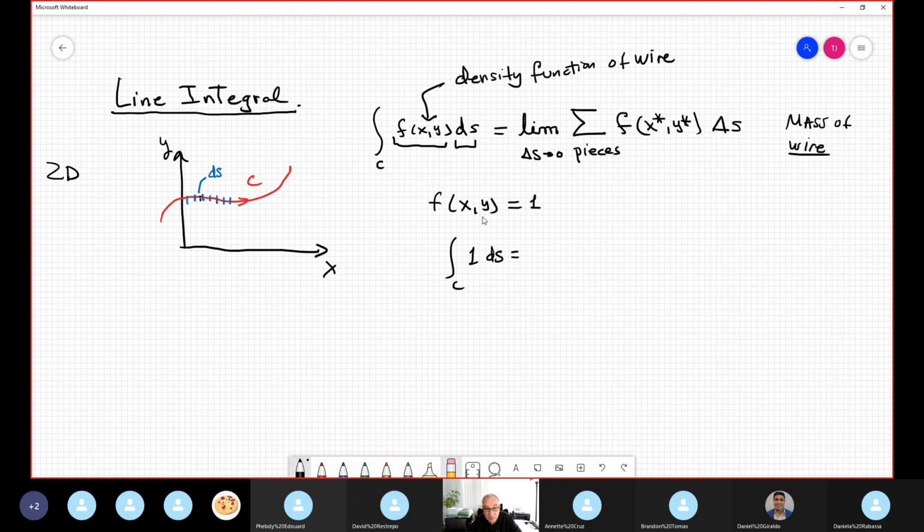Entonces, this is the arc length. Okay, the line integral becomes like the integral that we studied in calculus 2 of the arc length. Okay? Do you understand the idea a little bit or is it confusing a little bit?